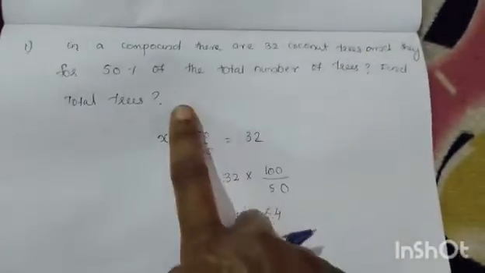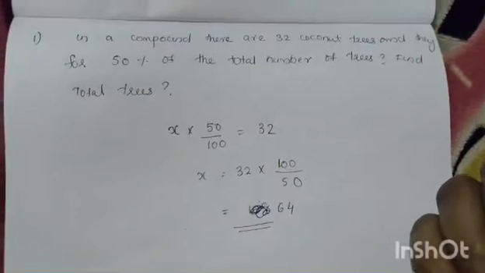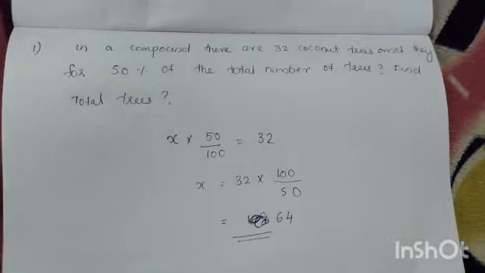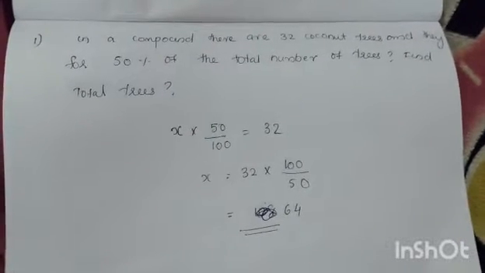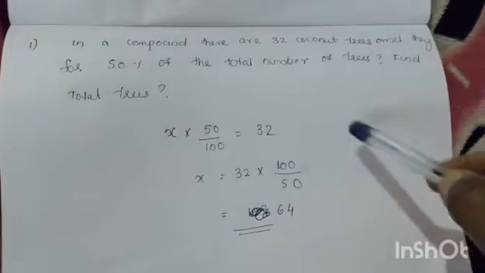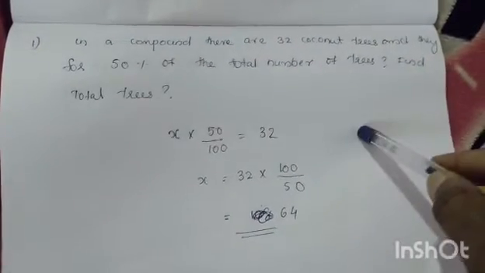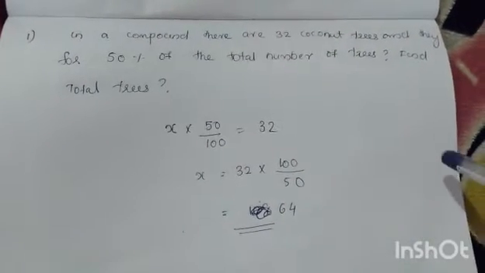Look at the question. The question is entirely different from what we explained earlier. In a compound, there are 32 coconut trees, and this is 50% of the total number of trees. Find the total trees. In our earlier problems, we had the total number of trees and we found a particular percentage of it.